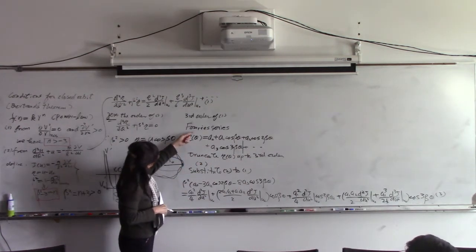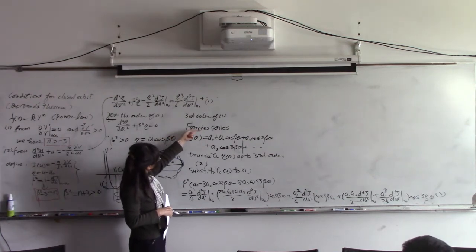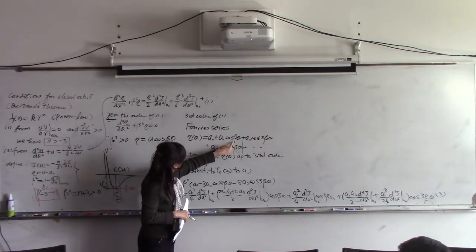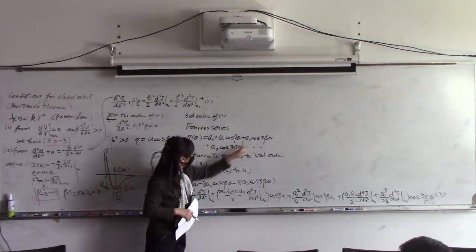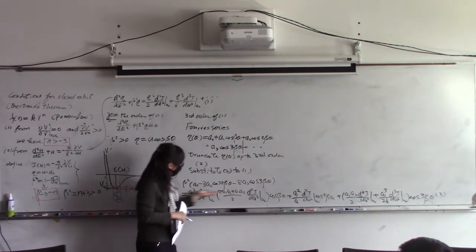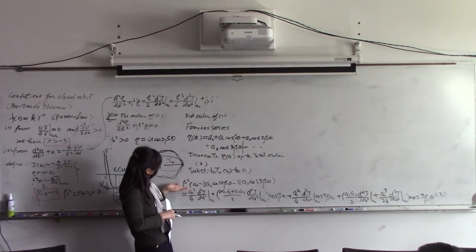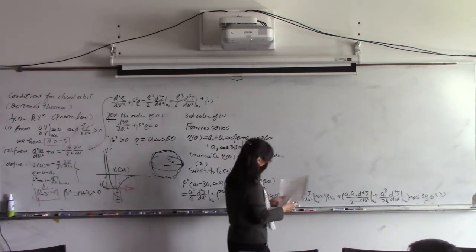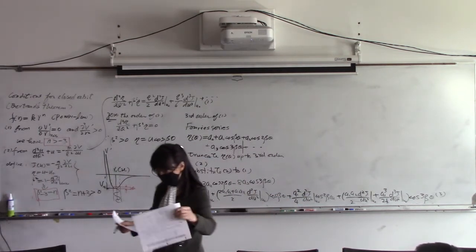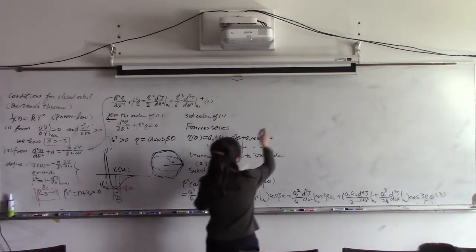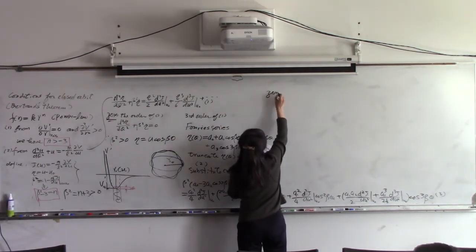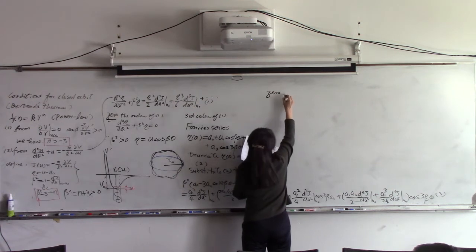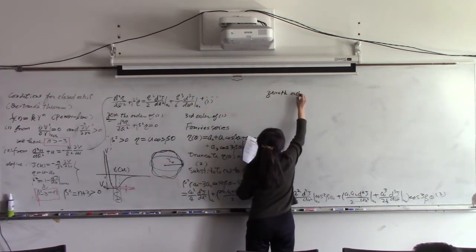Okay, since we expressed this in terms of the Fourier series, this is the zeroth order, first order, second order, right? So comparing those orders, the coefficients on both sides will be equal, right? So by comparing, we have such formulas.